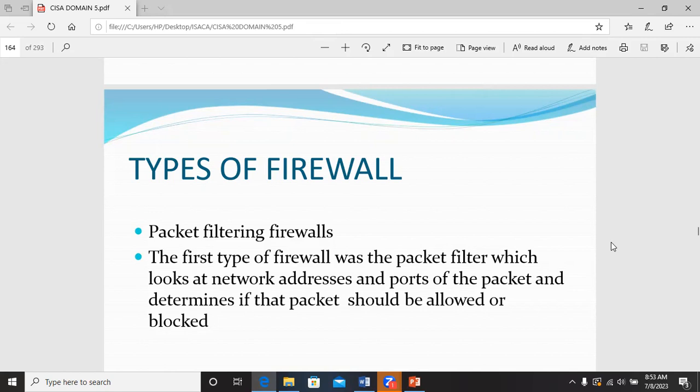He didn't search you. He will not bother searching you at all. That is what packet filtering firewall does. They ask the question, where is this packet coming from? Is it allowable? Where is it going? Is it allowable? If they are satisfied with the two questions, they allow the packets to go. If they are not satisfied with the two questions, they block it.